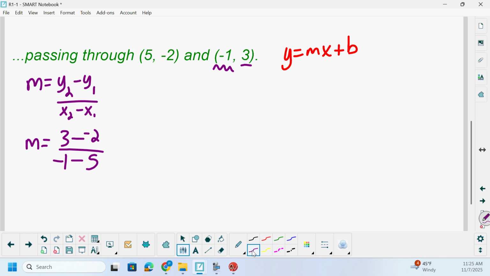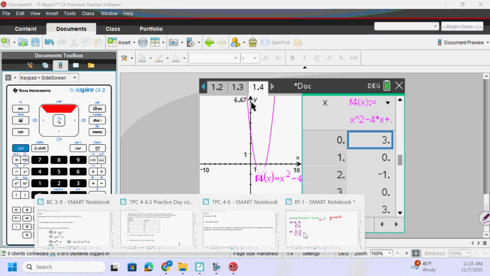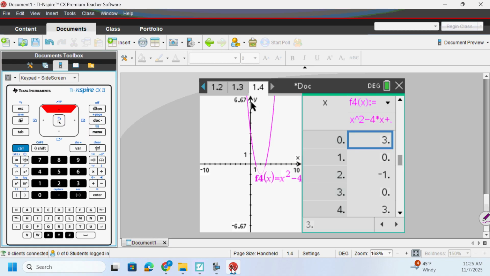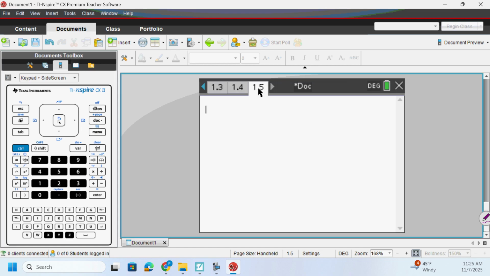When putting this in a calculator, I would suggest using your fraction template. I'm going to add a calculator page by doing Control Doc. So I'll do Control Divide to get our fraction template.